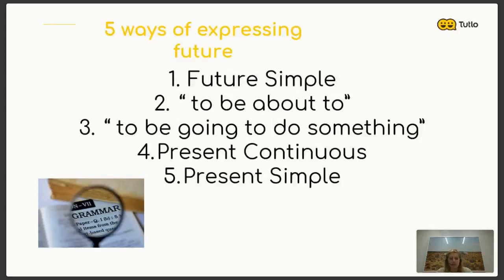So as I mentioned at the beginning of my webinar, expressing future in English might be very confusing, no matter how high your language level is, because we also have, I don't want to comment today on future perfect continuous, and so on, because I think it's too complicated.